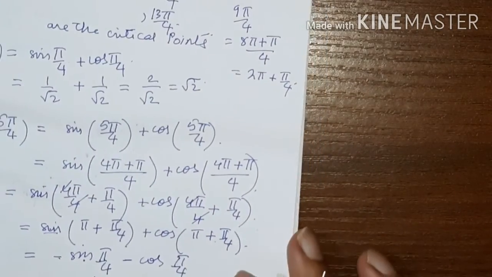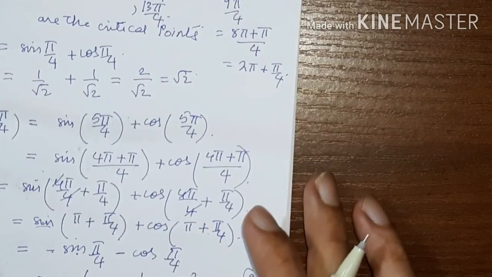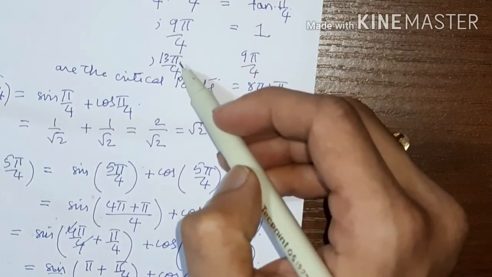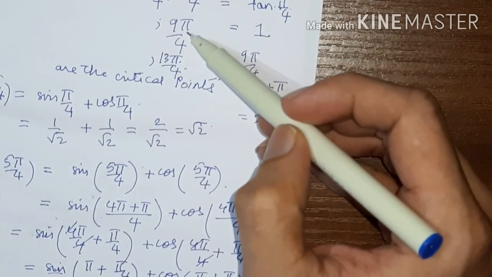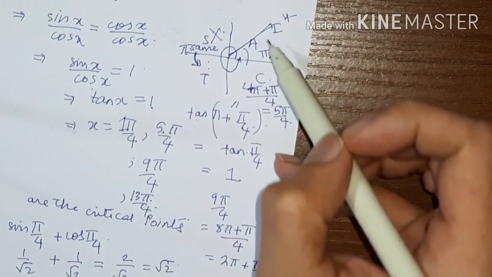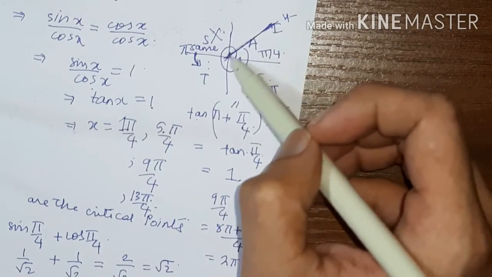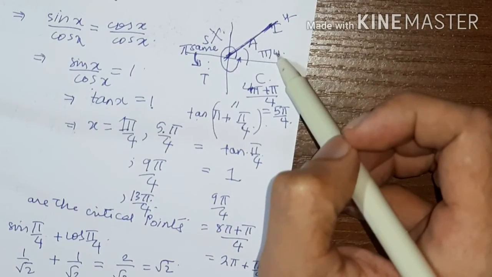So now what you got? See, if we now check the values at the next critical points, here it is 9 pi by 4. Now 9 pi by 4 is in the first quadrant only, so it will be nothing but the value at pi by 4.